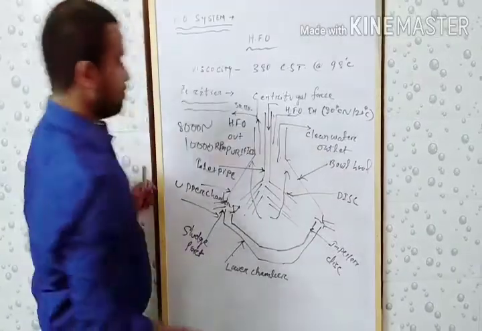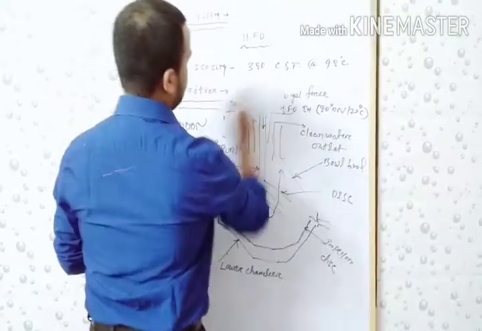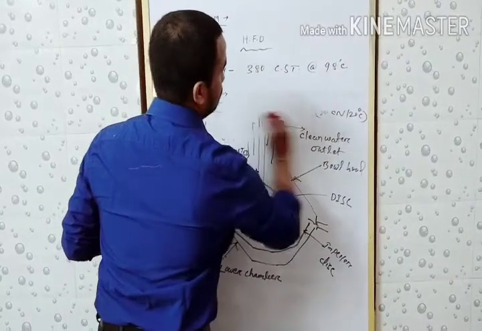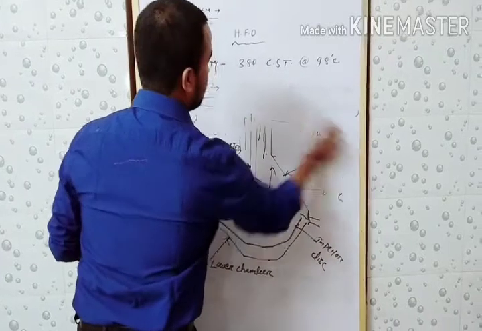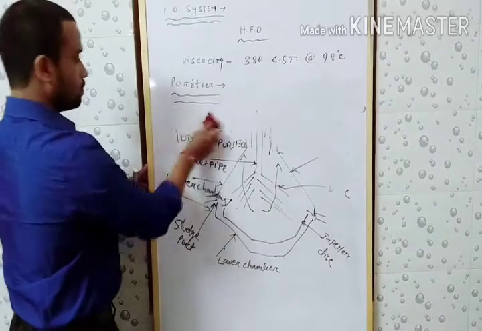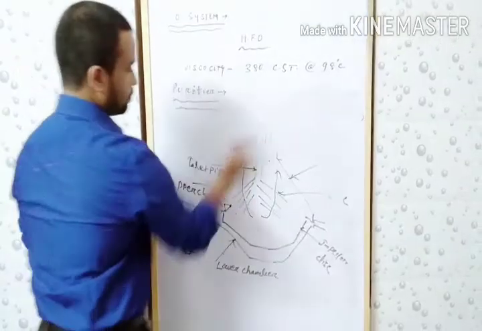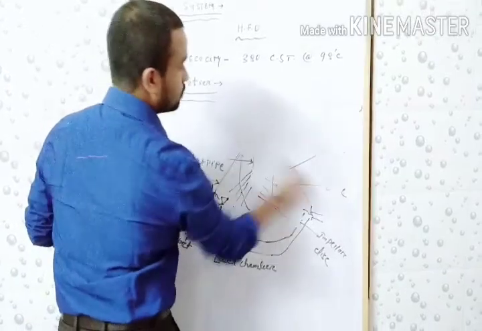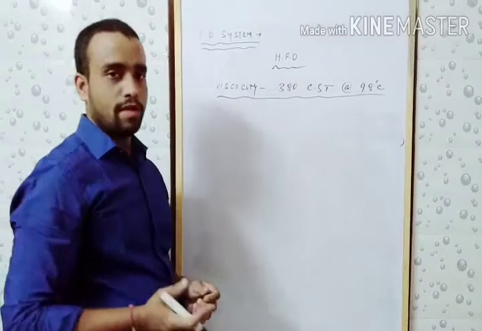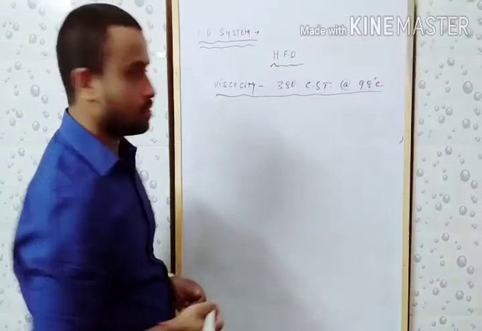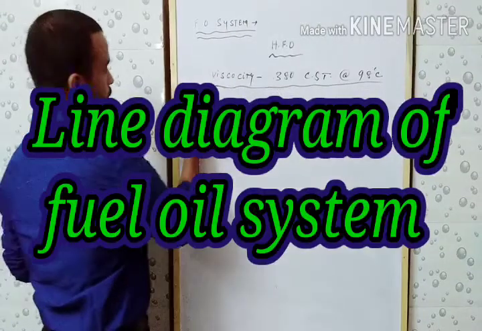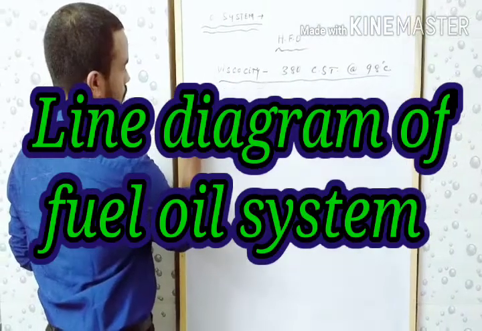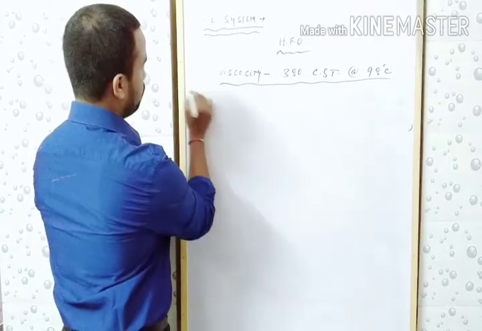Now I am going to the schematic diagram, also known as the line diagram for the fuel oil system. Now I am going to explain the line diagram for the fuel oil system. So here is the bunker line. This is the bunker manifold.